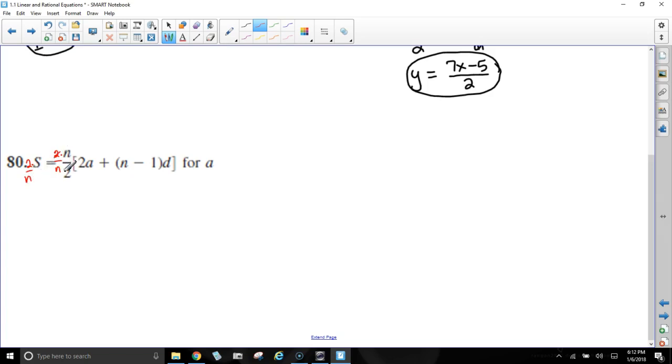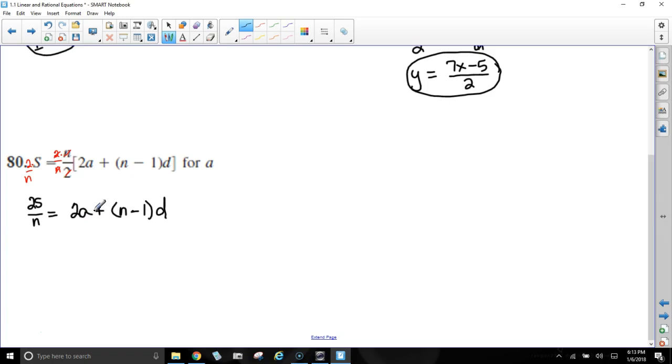We can do that when we multiply both sides by any non-zero quantity. So over here on the left-hand side, we have 2s over n. Now on the right-hand side, we just have 1 times the stuff in the brackets, which is just going to be the stuff in the brackets: 2a plus quantity n minus 1 times d.